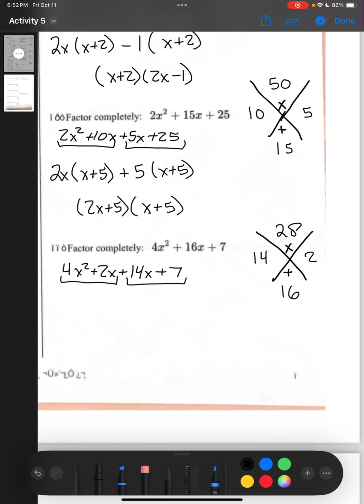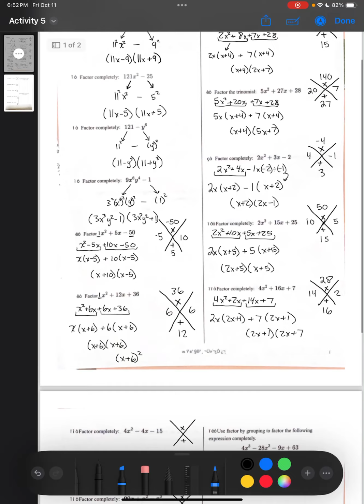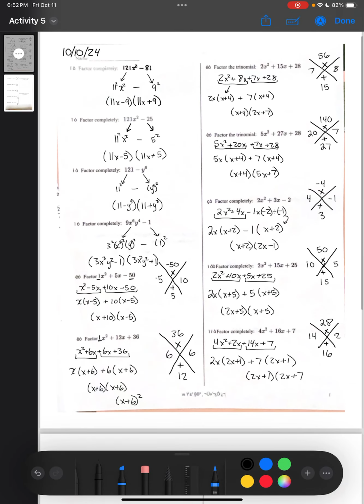What they have in common, bring out that 2x. 2x plus 1. Take out the 7 on the other side. And you should end up with 2x plus 1 times 2x plus 7. So that so far is the first page.